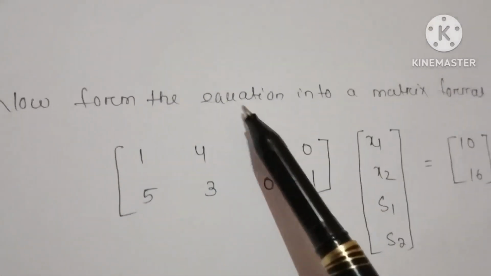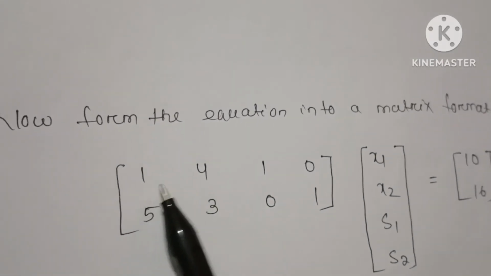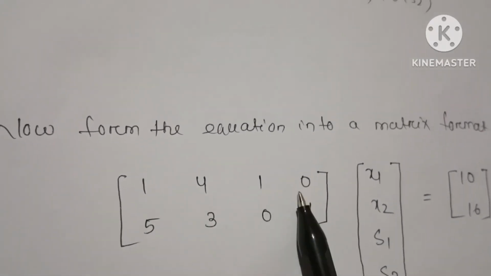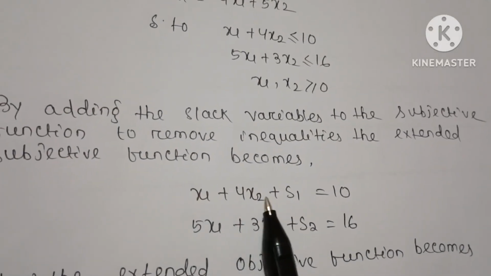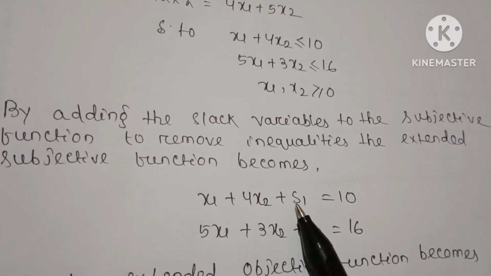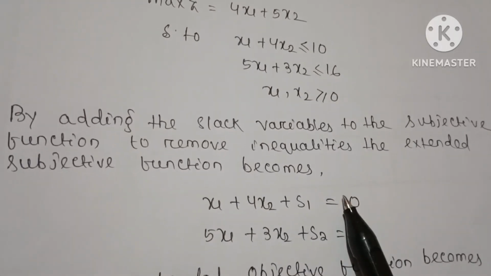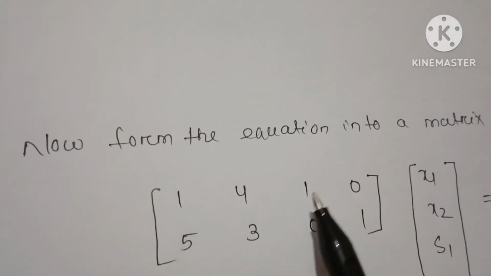If we form the equations into matrix format, the first row becomes 1, 4, 1, 0, because the coefficient of x1 is 1, the coefficient of x2 is 4, the coefficient of s1 is 1, and s2 is absent here, so we put 0.